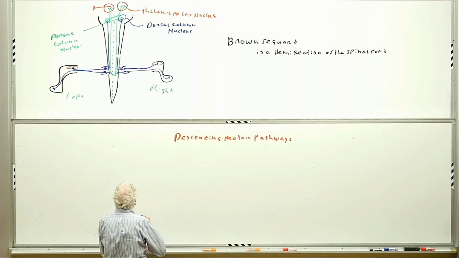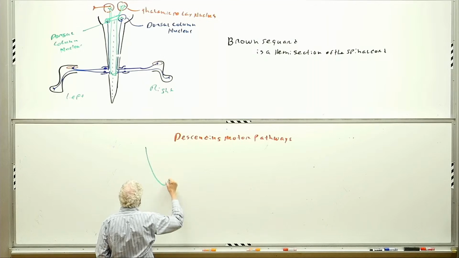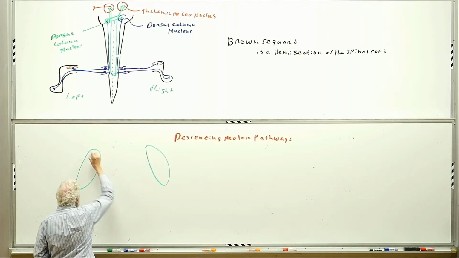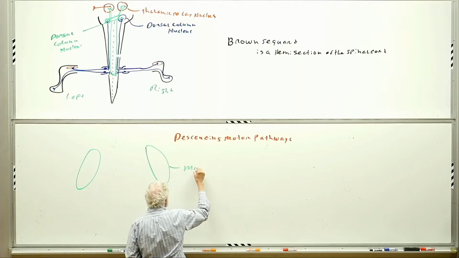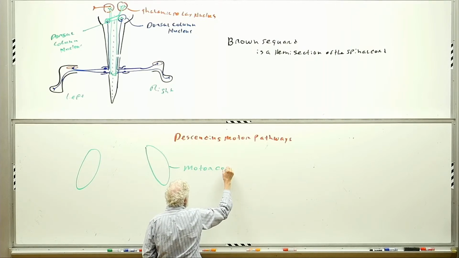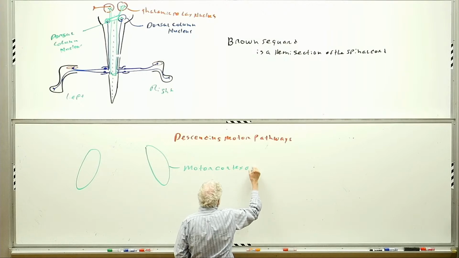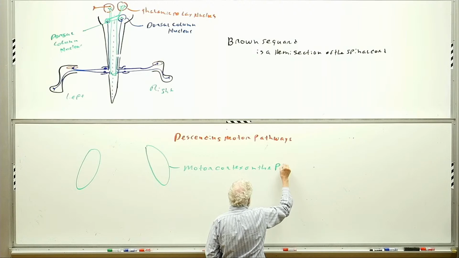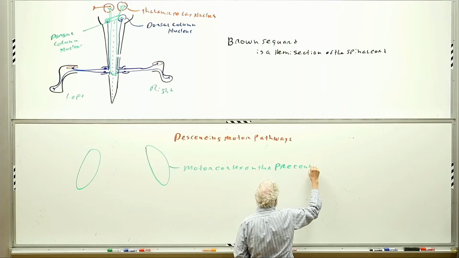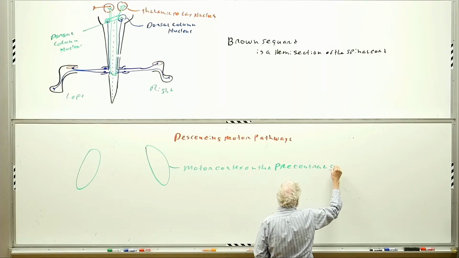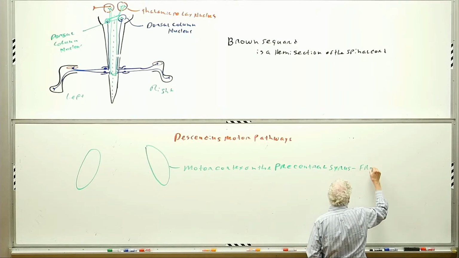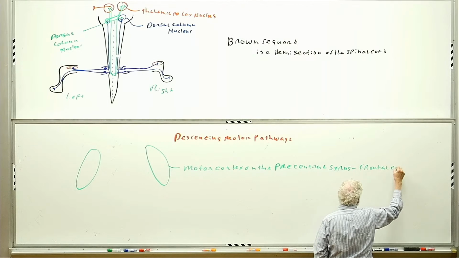So we're going to label these two ovals as the motor cortex on the pre-central gyrus. This is part of the frontal cortex.